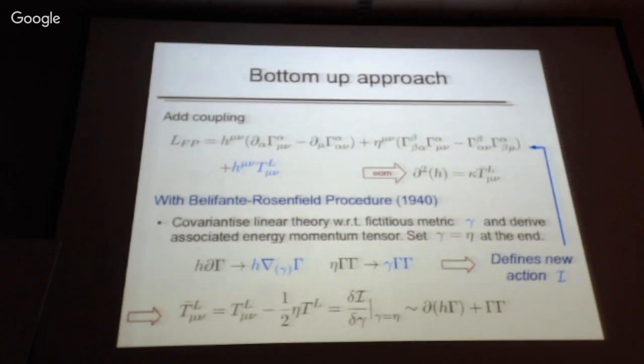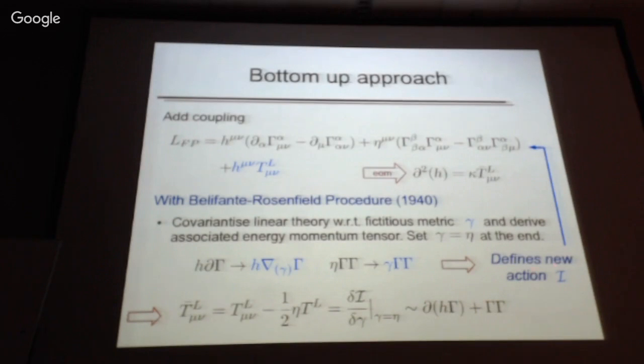So this Belinfante approach to construct an energy momentum tensor is, imagine there is a fictitious metric. I call it gamma. I can always covariantize my metric. That means whenever I see a flat space metric, eta, I put a gamma. And whenever I have a partial derivative, as I have at the top, I put a covariant derivative with respect to this new metric that I put, gamma.